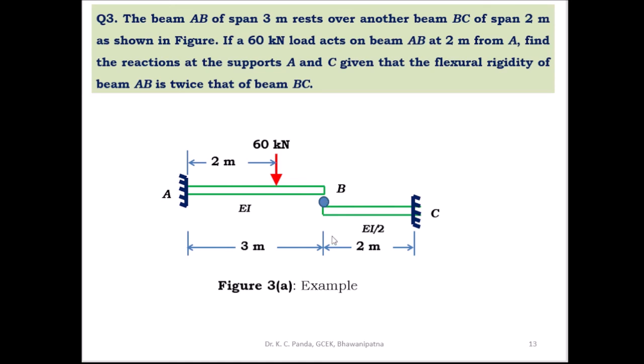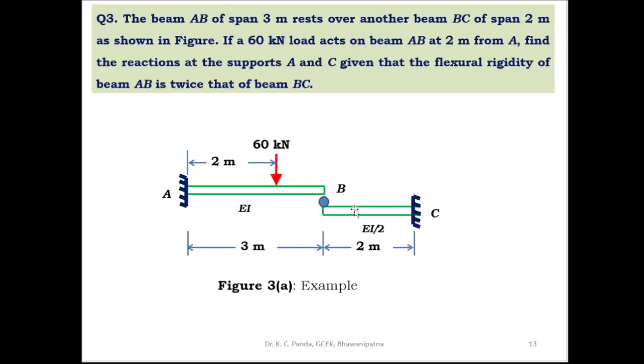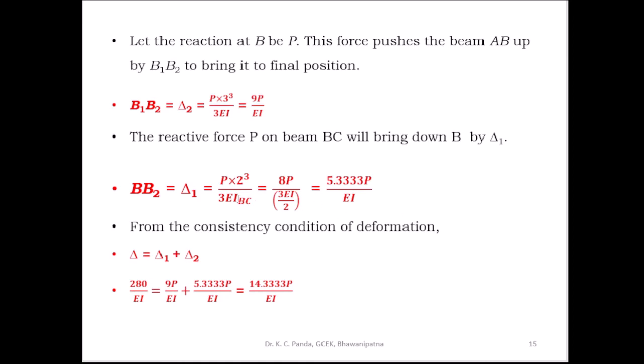That you have to find out, the downward deflection. So the downward deflection delta 1 is equal to BB2, and that is equal to P into 2Q divided by 3EI BC. But you know EI BC is equal to EI by 2.